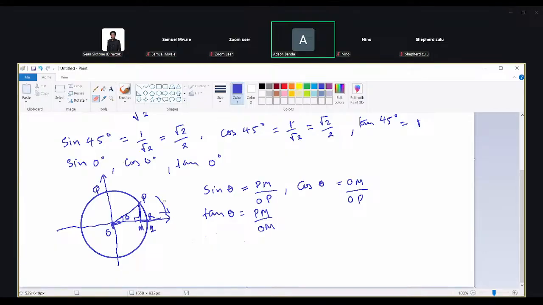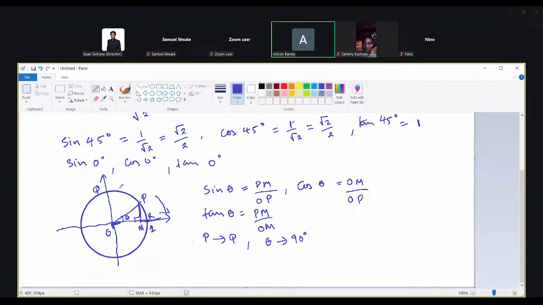So what we observe, what we notice is the following. Let's approach Q. So P approaches the point Q. If P approaches Q, it moves of course along the circumference. What we see is that theta is going to be approaching 90 degrees.